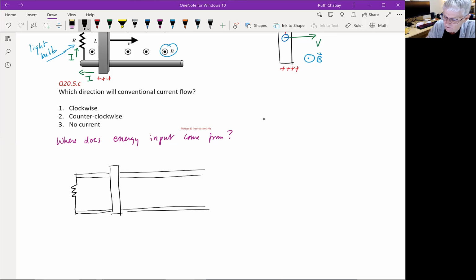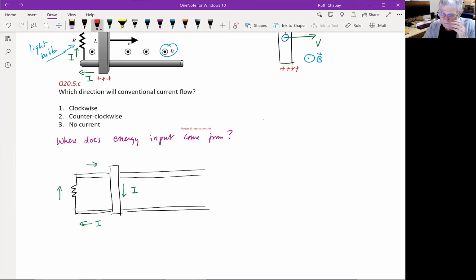Here's our resistor. And you correctly decided that conventional current was flowing clockwise around the circuit, which also means that conventional current actually has to be flowing this way through the bar against the electric field.